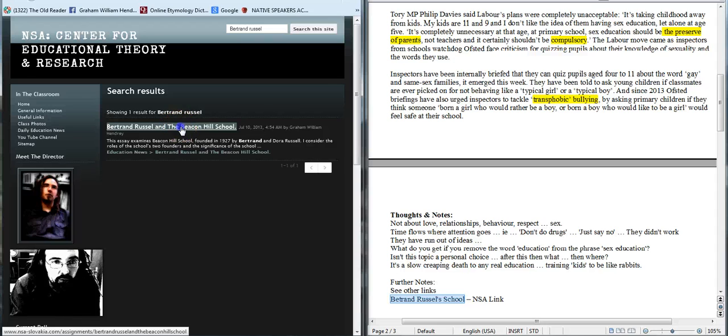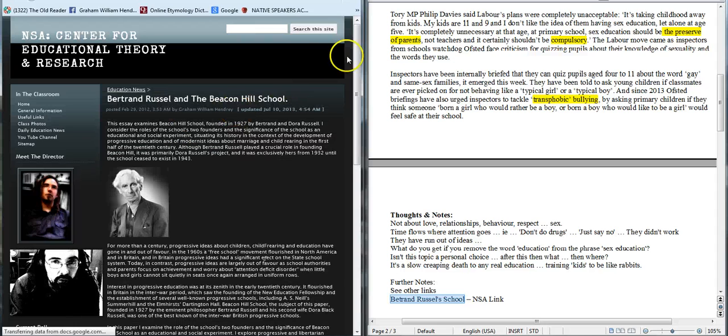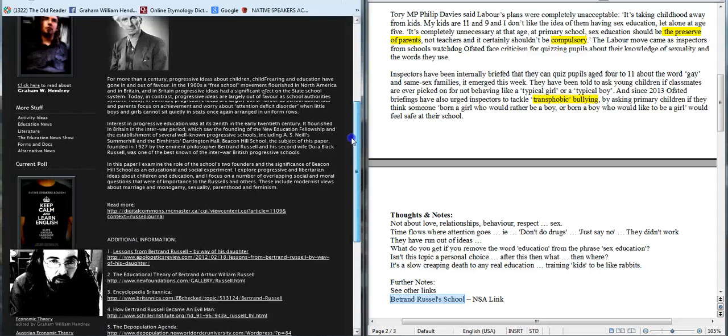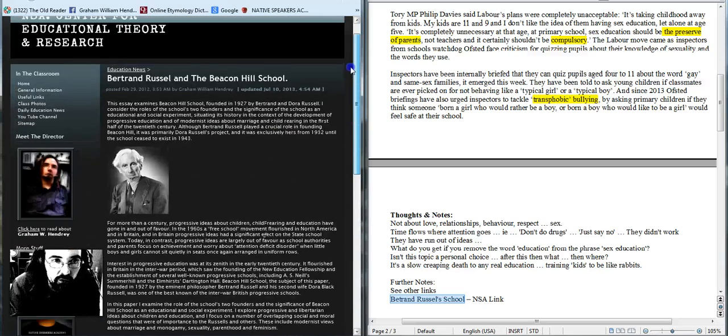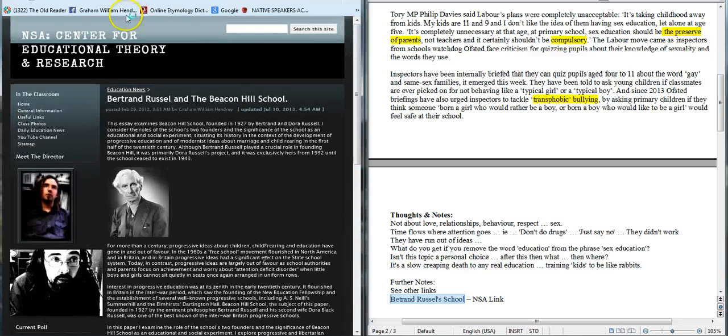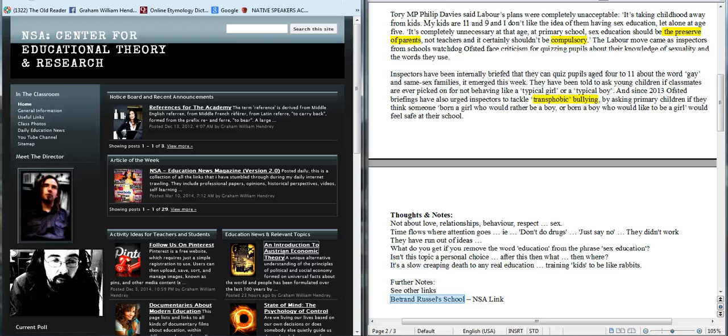There we go, Bertrand Russell and the Beacon Hill School, and you can read a little bit about the man, his school and his experiments. Yes, he was experimenting on children in a very unique environment.